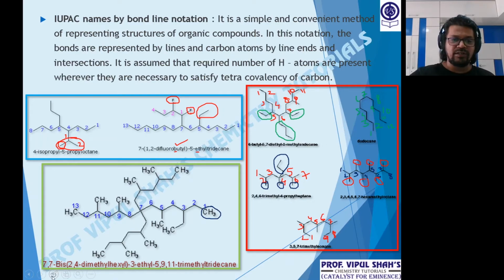Now if you observe in these 9, where are the branches? One branch is at number 3, that's a methyl. At 5, there is a branch, that is also methyl. And at 7 also there is a branch which is methyl. So 3, 5, 7, 3 times. So 3, 5, 7 trimethyl, skeleton of 9, nonane.